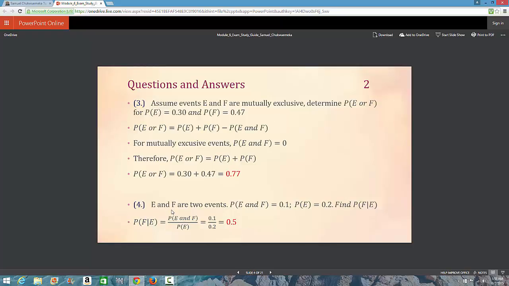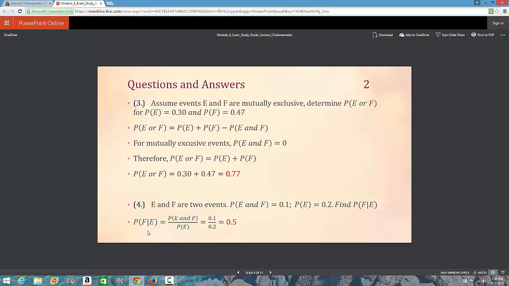Question 4. E and F are two events. Probability of E and F is 0.1. Probability of event E is 0.2. Find the probability of event F given event E. Okay, find the probability of F given E. So this is like a conditional probability, and that is the formula right here.